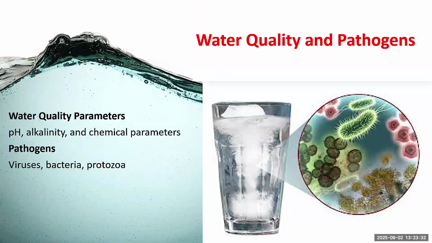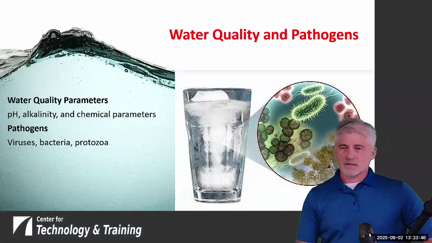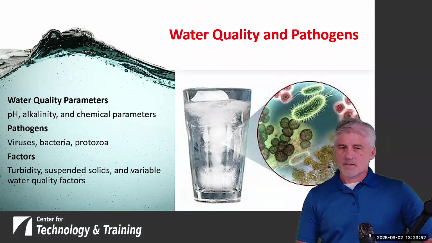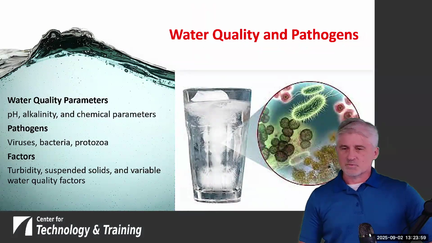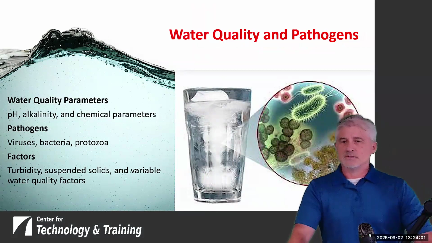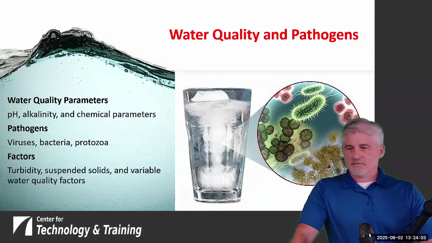All right, so we're going to look at some of the water quality parameters that are involved with our source water, such as pH, alkalinity, some additional chemical parameters. We're going to look at some of the pathogens that we'll see out there, and what kind of factors influence our surface water: turbidity, suspended solids, and some other water quality factors.